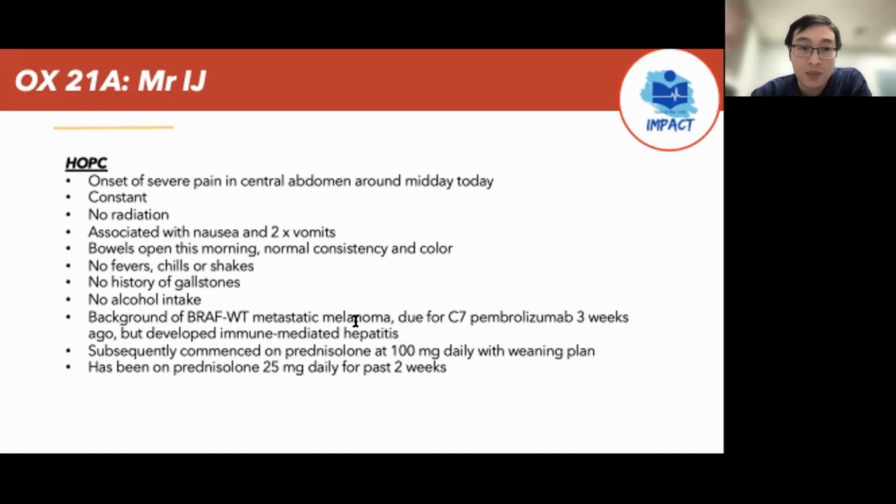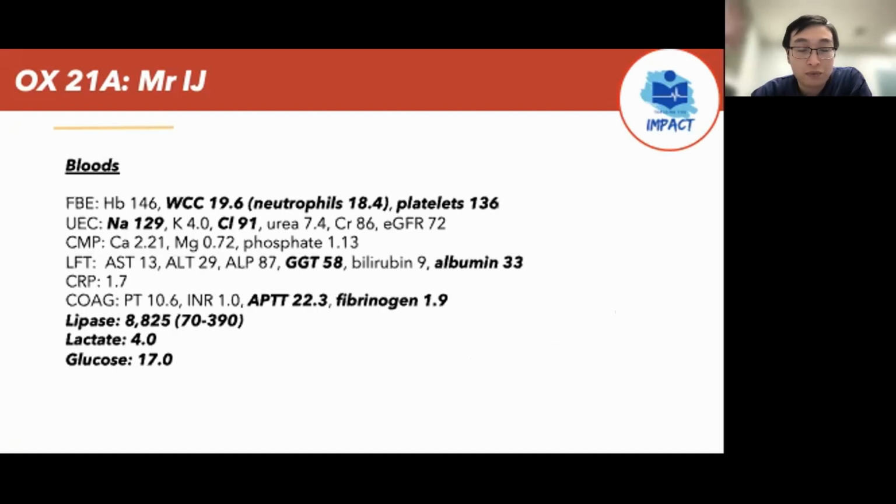In any organ, it can cause hepatitis, nephritis, myocarditis, pericarditis, vasculitis, rashes, colitis, pneumonitis, etc., etc. So it was subsequently stopped, and then the patient was commenced on prednisolone, initially at a very high dose but with a weaning plan, and has been on prednisolone 25 milligrams daily for the past 2 weeks, and then was recently stepped down to 12.5 milligrams.